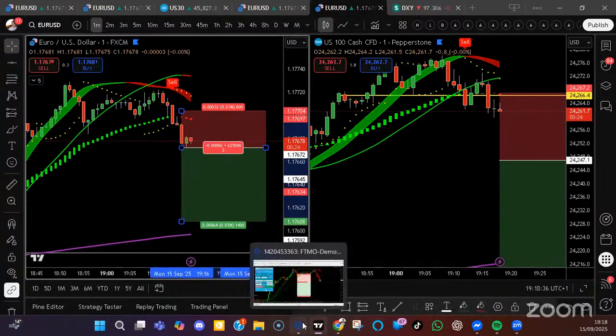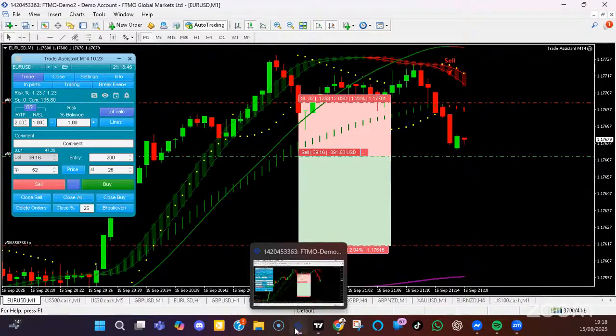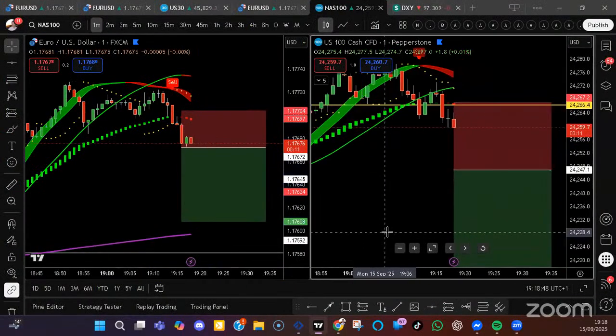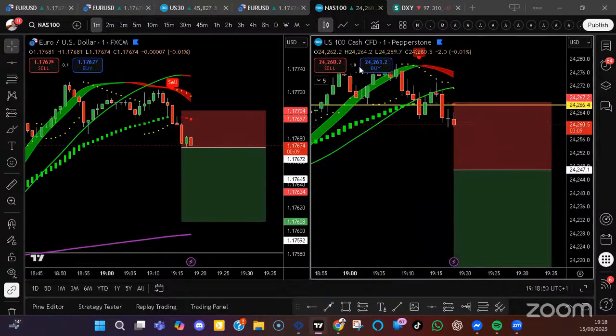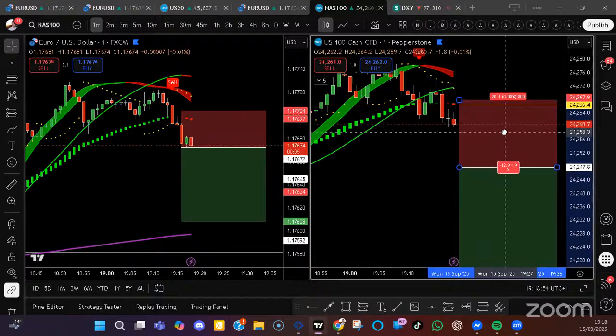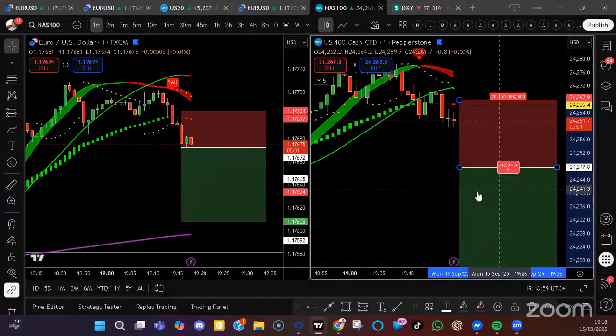Is that right? Does that look okay? Yeah, because I'm above the purple line. I'm going to stick with this one. But we can watch the NAS100 as well. This is where the stop loss will be. We're nowhere near getting entry yet.